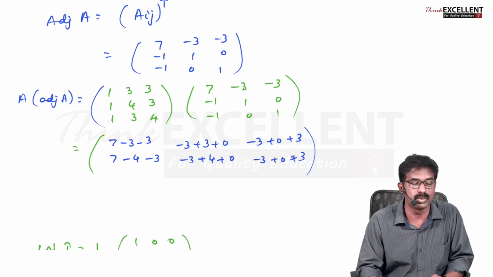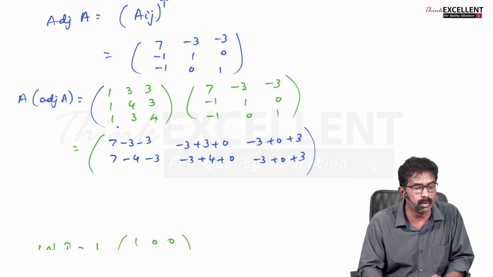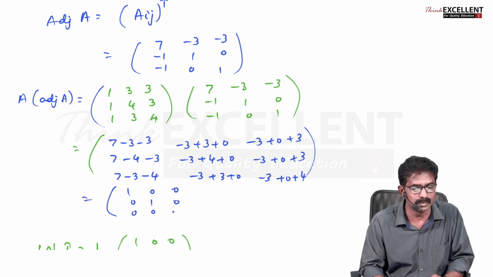Now the last row, third row, first column: 1 into 7, 7; 3 into minus 1, minus 3; 4 into minus 1, minus 4. Third row, second column: 1 into minus 3, minus 3; 3 into 1, 3; 4 into 0, 0. Last one, third row, third column: 1 into minus 3, minus 3; 3 into 0, 0; 4 into 1, 4. If you simplify this, you will get 1, 0, 0, 0, 1, 0, 0, 0, 1.